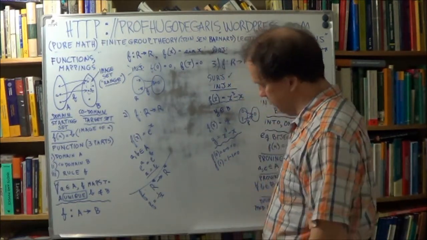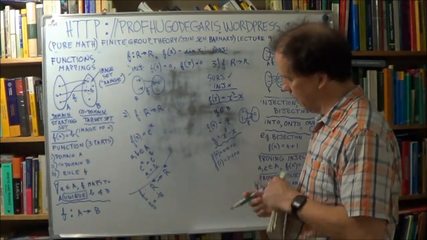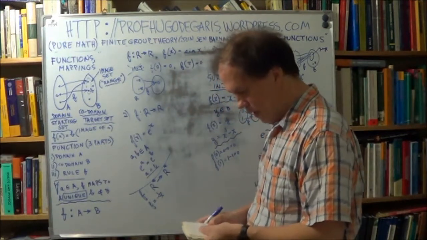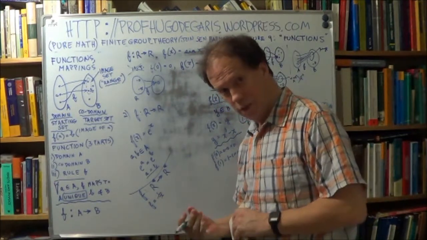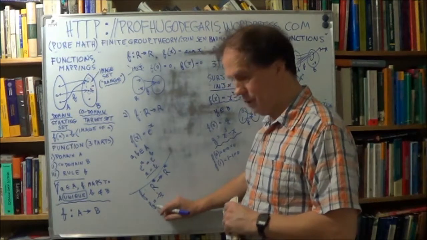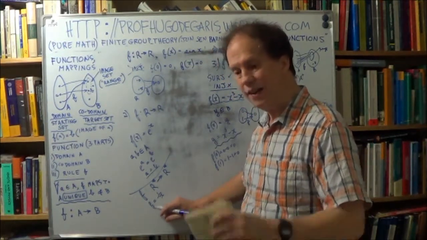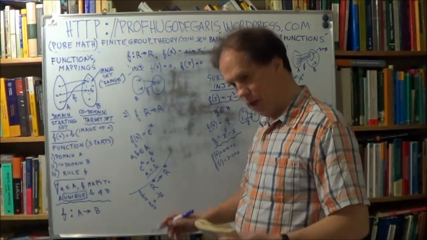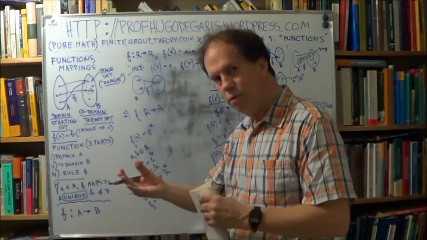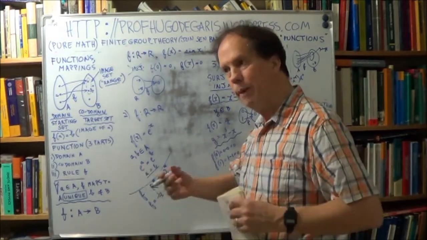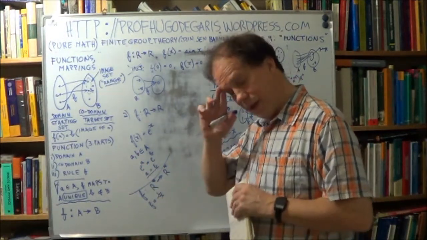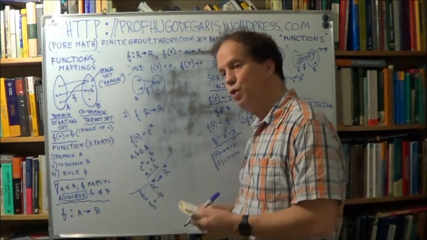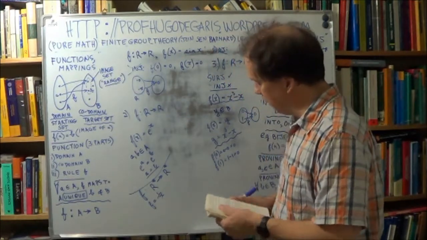Okay, so we have to prove this function f is a bijection. That means it's an injection and a surjection. Or to use the other terminology, this function is an into mapping as well as an onto mapping, or a surjective mapping.